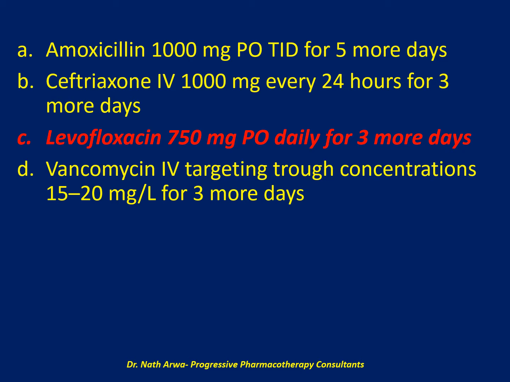Now the current IDSA and American Thoracic Society CAP guidelines recommend patients with CAP transition from IV to oral antibiotics when they are hemodynamically stable or when they are improving clinically and are able to ingest oral medications, or when they have normal functioning GI tracts as well.